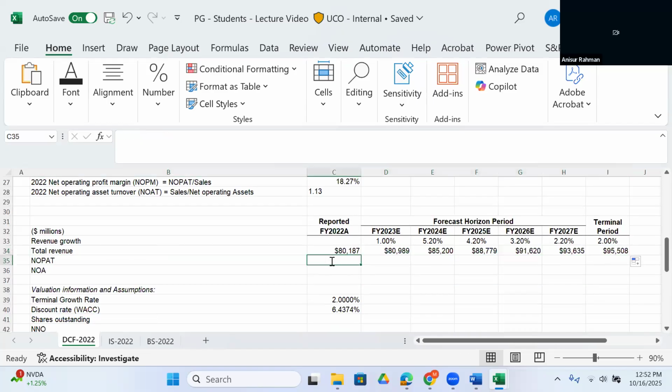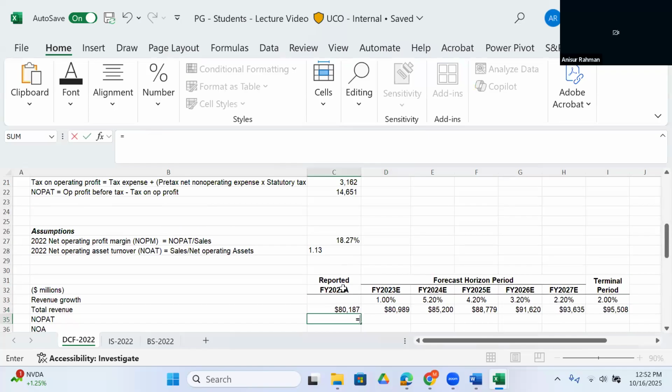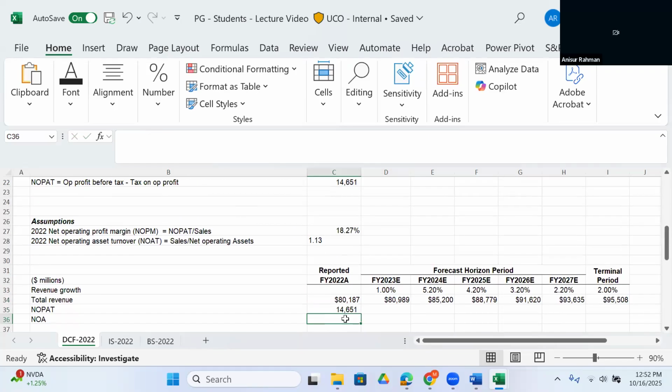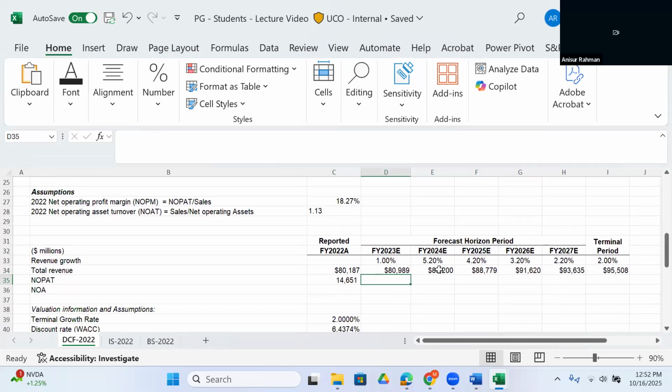NOPAT. Now, if we know the revenue, which we have forecasted, and remember I mentioned we are going to use these two historical numbers to forecast NOPAT and net operating assets. So we are going to do it now.